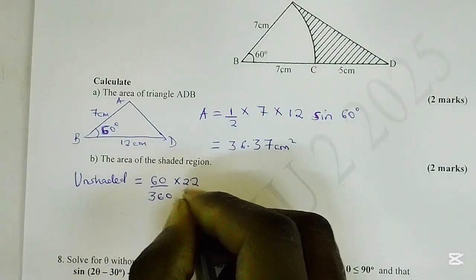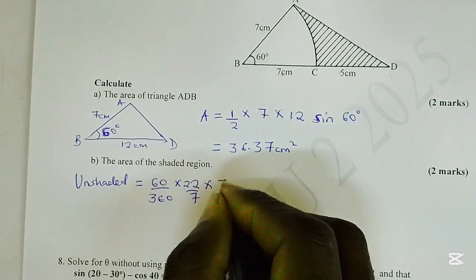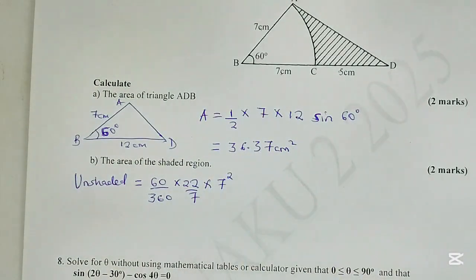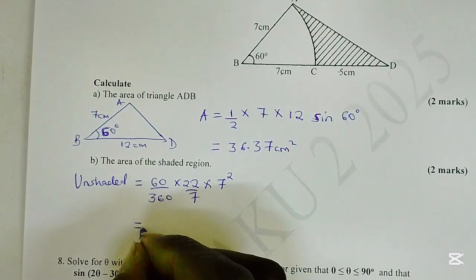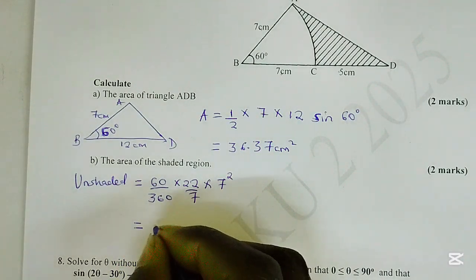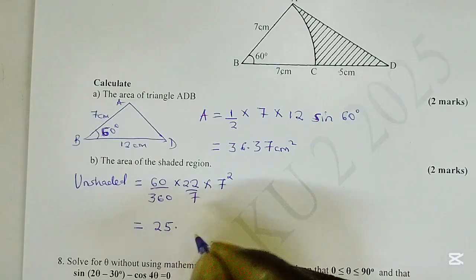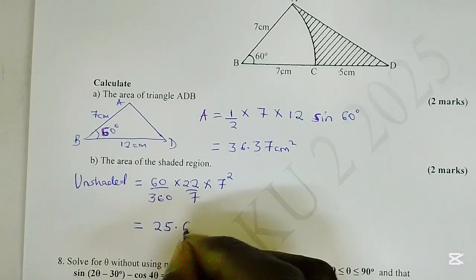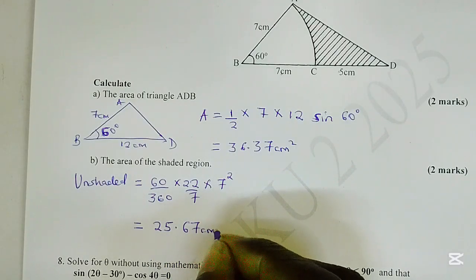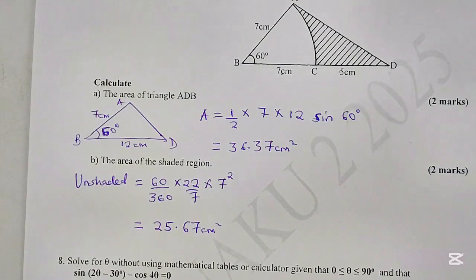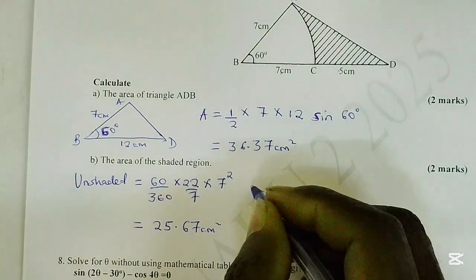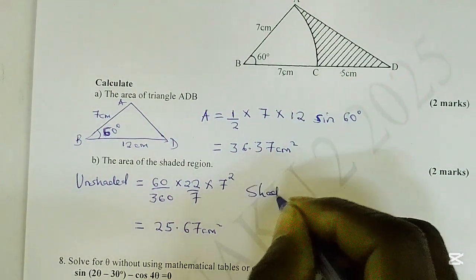So multiply by 22 over 7. The radius is 7 squared. So this unshaded region gives us 25.67 square centimeters.